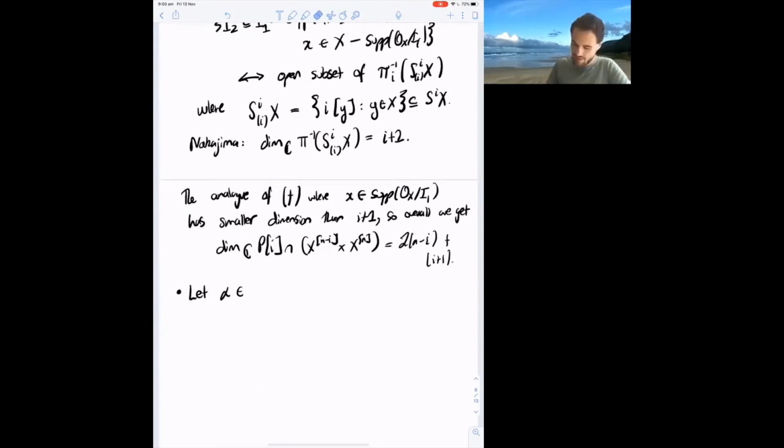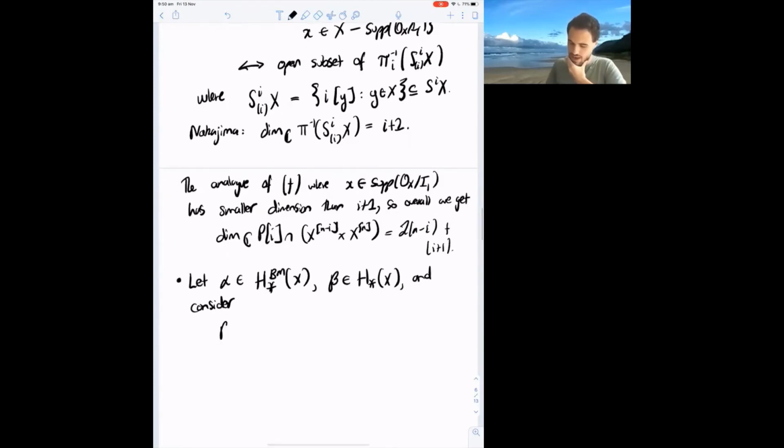I want to take one class in Borel-Moore homology of X, which we call alpha, and then beta is inside of normal homology of X. And we want to consider the following things. P alpha of I is going to equal the push forward under pi.